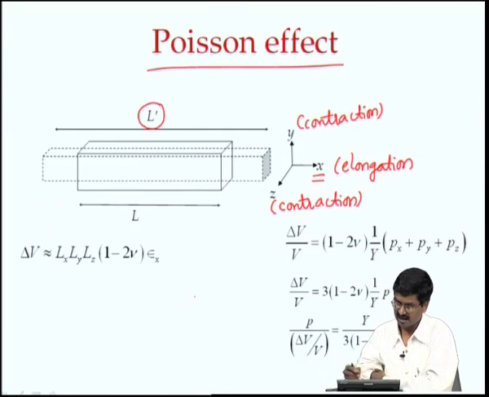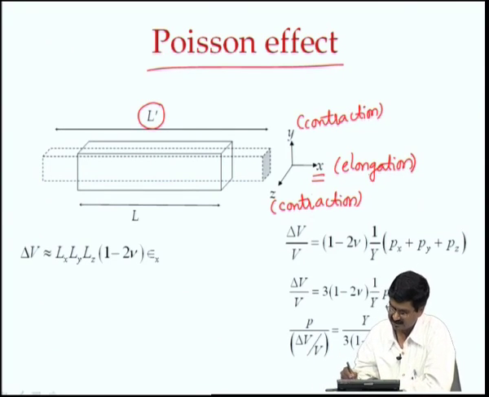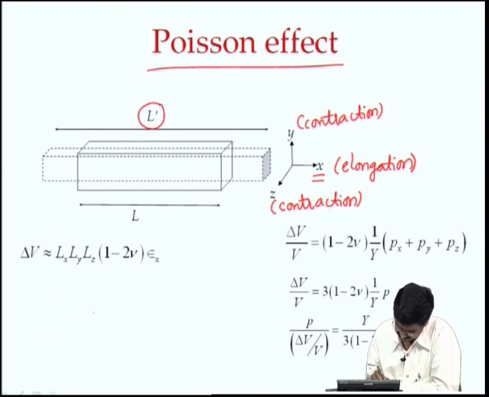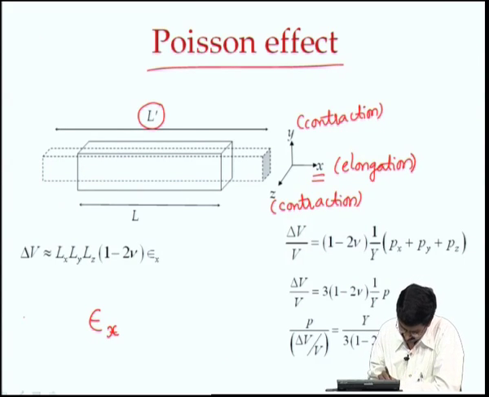The Poisson effect, as I just said, is that if there is elongation in one direction, in the perpendicular direction there will be contraction. So, if there is a sigma x in the x direction, in the other directions there will also be a sigma y, which is negative of sigma x times a ratio called the Poisson ratio.